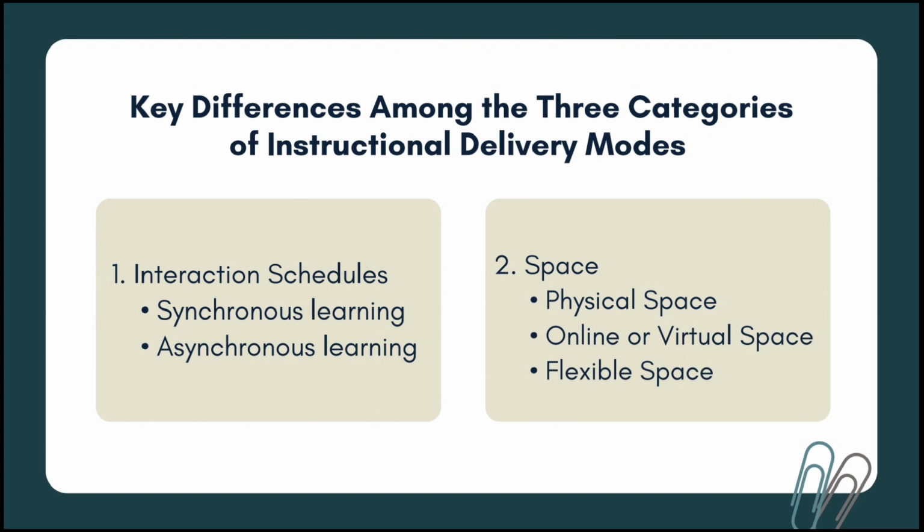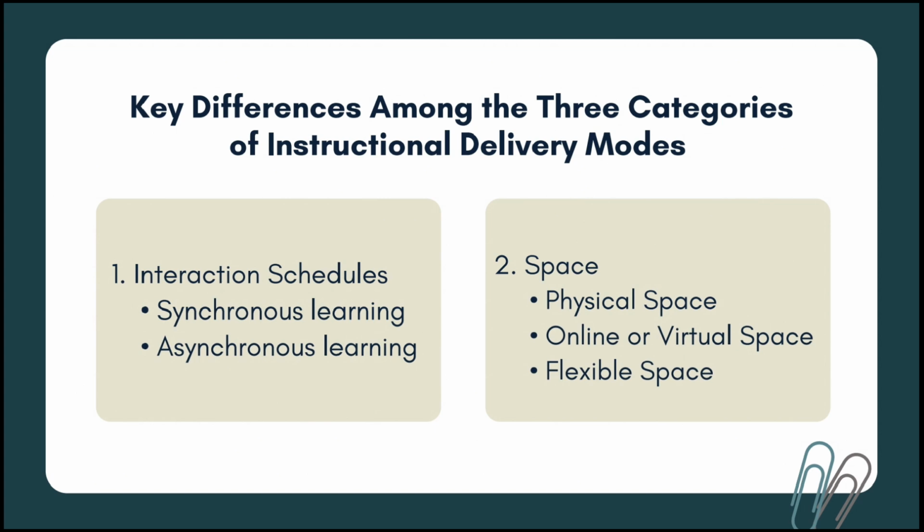First is the interaction schedule of the students' engagement. Depending upon the modality of instructional delivery, the interactions of students and teachers can either happen in real time or at differing times. There are two types of interaction schedules: synchronous learning and asynchronous learning.